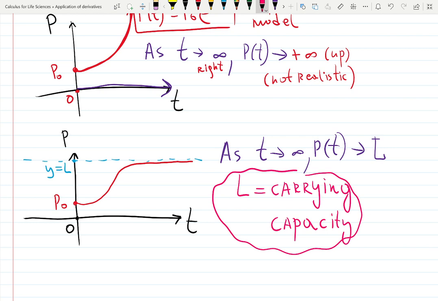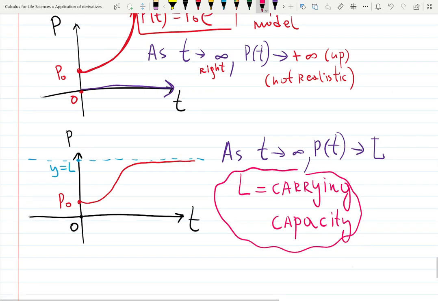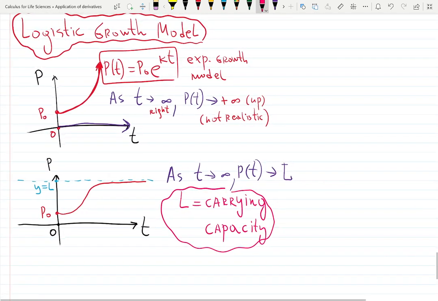It makes sense to call it this way. In the long run, nothing should go to infinity. If we're talking about exponential growth of population, or money, it shouldn't go to infinity. There should be some kind of limit, and that's what we're going to call carrying capacity. This is called the logistic growth model.